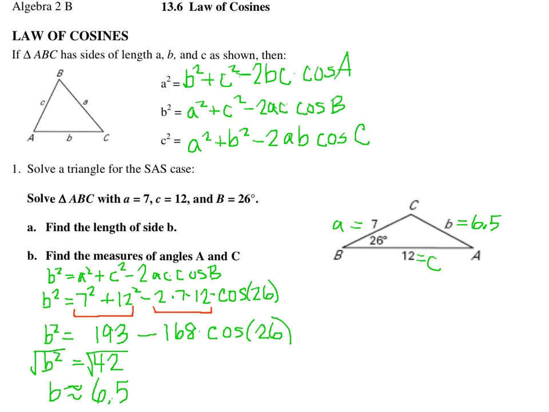Now let's find angle A. This is another way that you can use the law of cosines, to find an unknown angle.